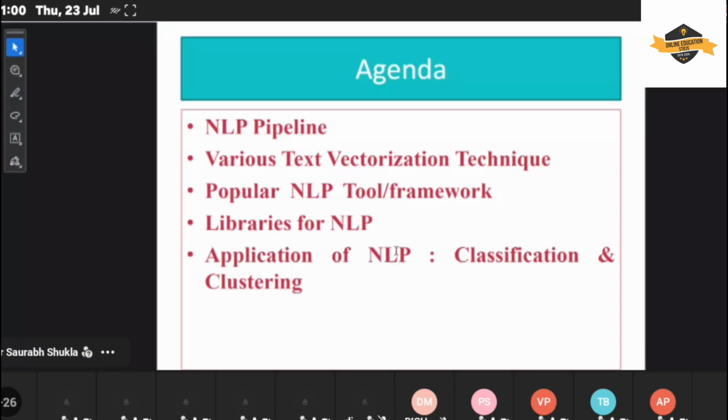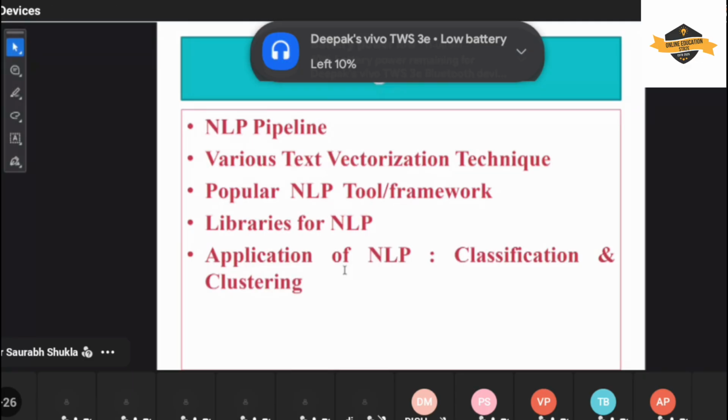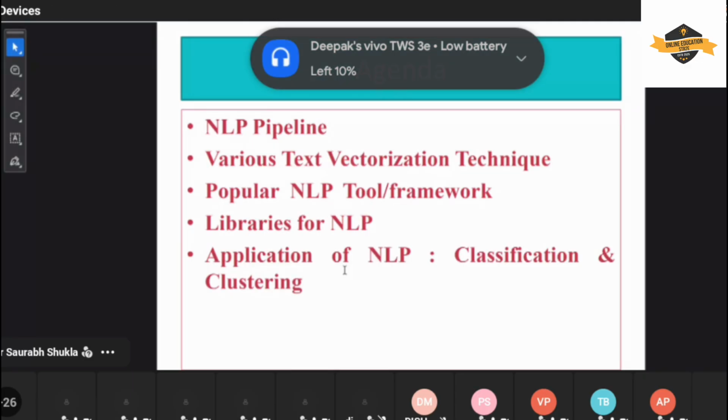Then there is one more thing which is called text vectorization. You have seen there is one heading, text vectorization, and they are using an NLP tool or NLP library for programming to use this text vectorization technique.